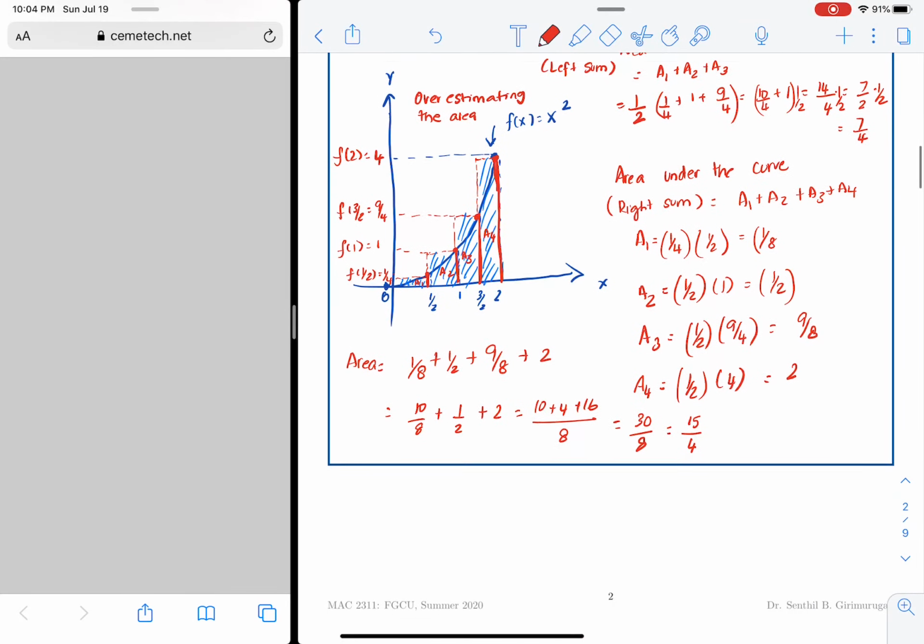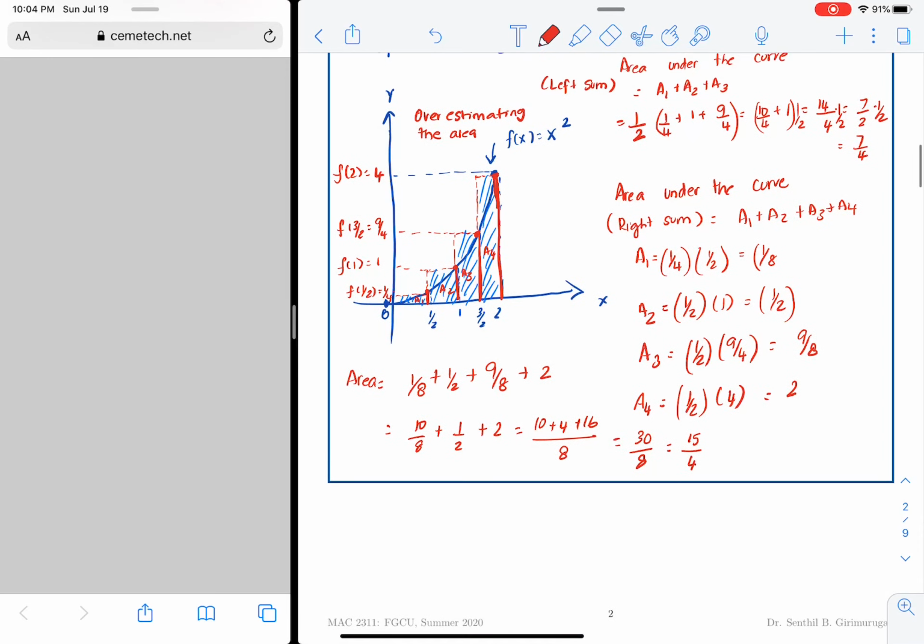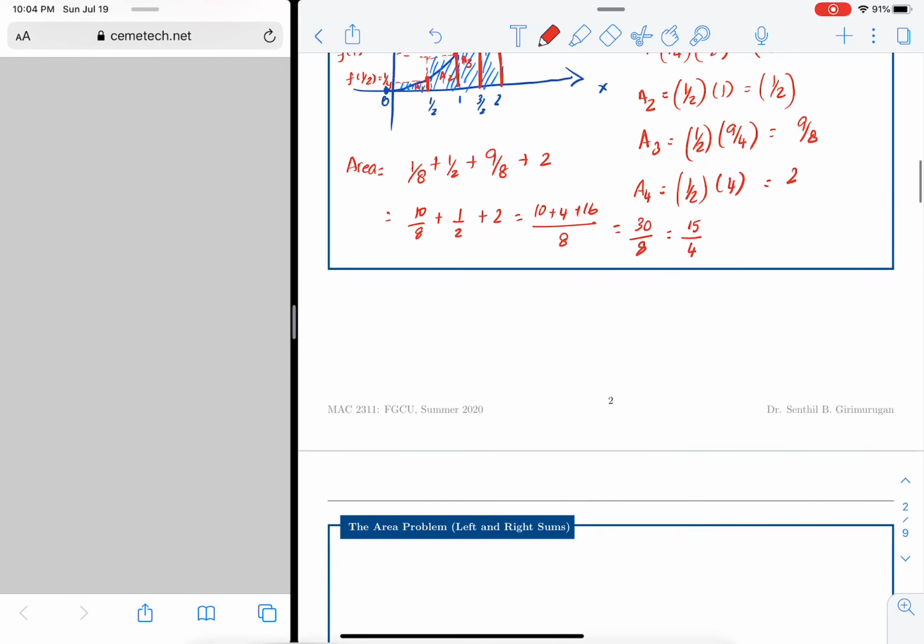So the concept here is, as we move on and when I formalize this, things would become obvious, but the concept here is the true area will be between the left and the right sums. And that is a given.